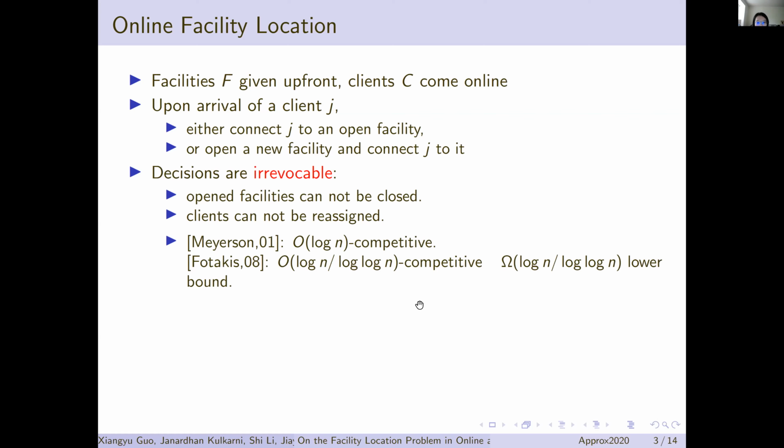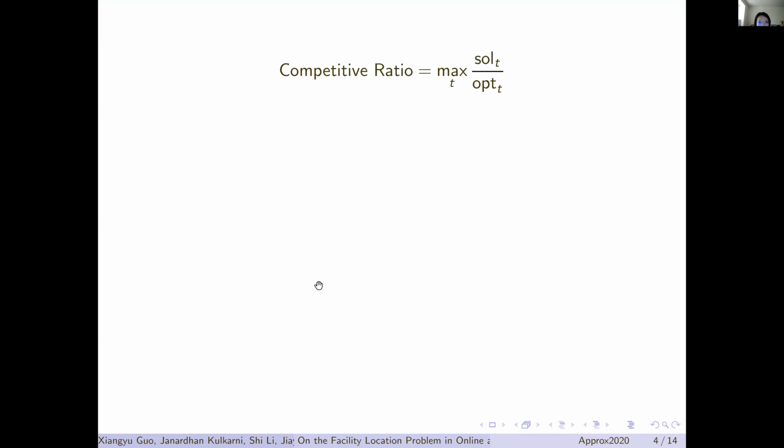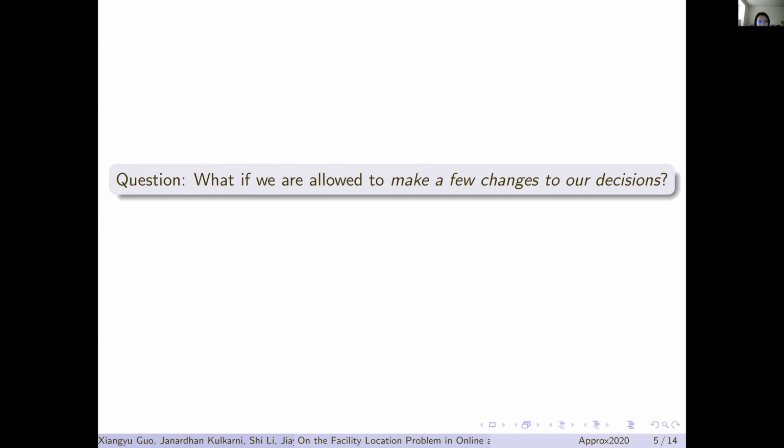There are some nice results for this setting. The competitive ratio for the online setting is defined to be the maximum of the competitive ratio over all times. The setting we consider is actually the revocable model.